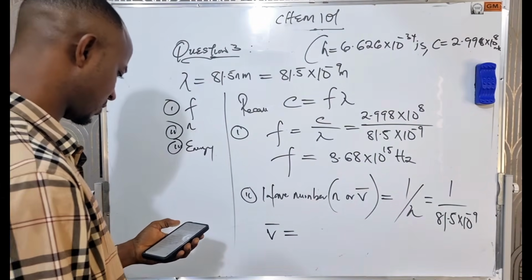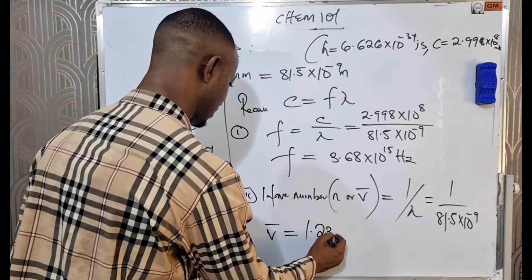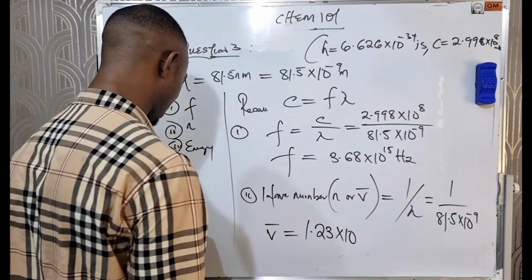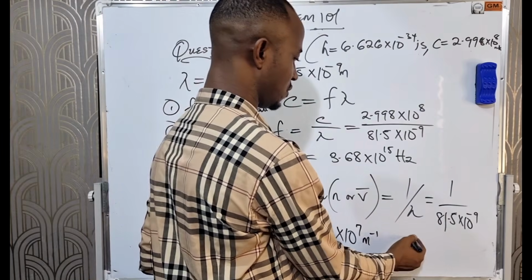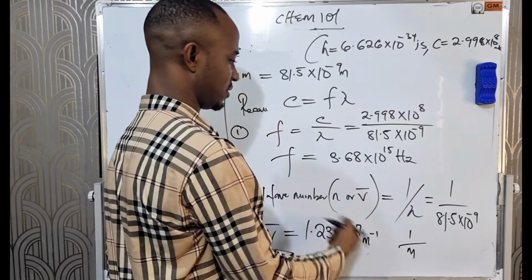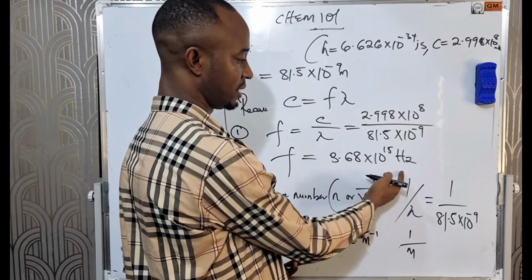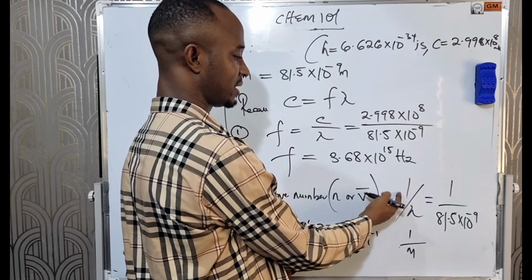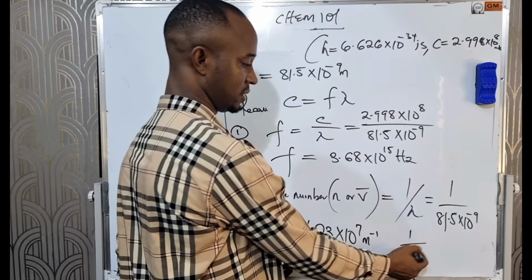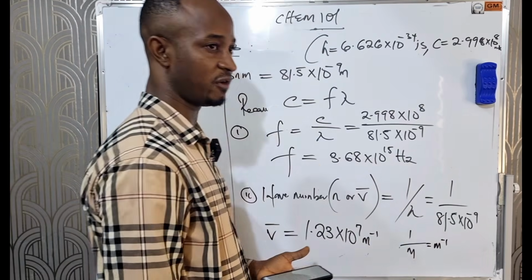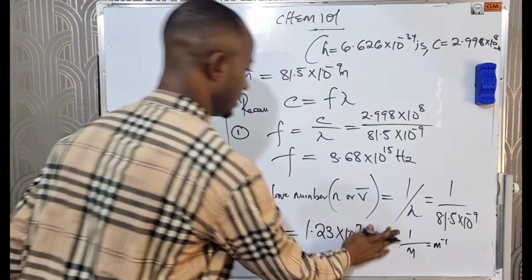That will give us about 1.23 times 10 to the power of 7 per meter. Because it is 1 over lambda, the unit of wave number is per meter. The unit of lambda is meter, so this is the same as meter to the power of minus 1. So per meter. That's the unit here.